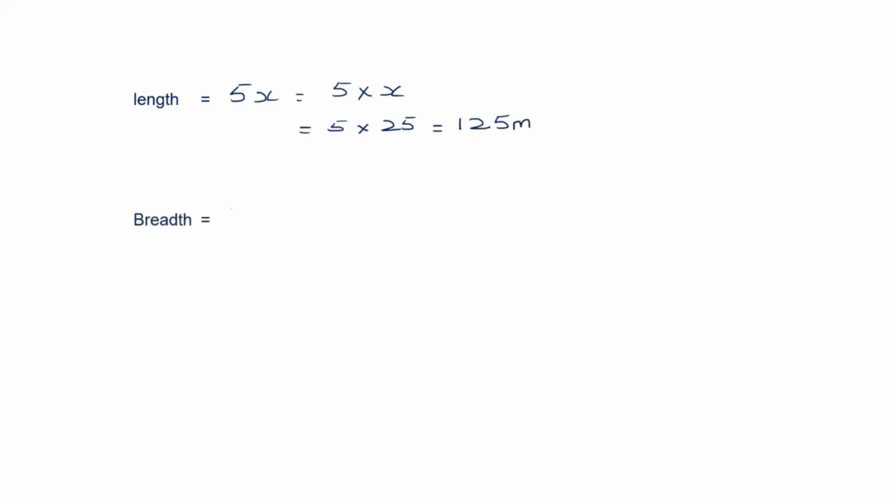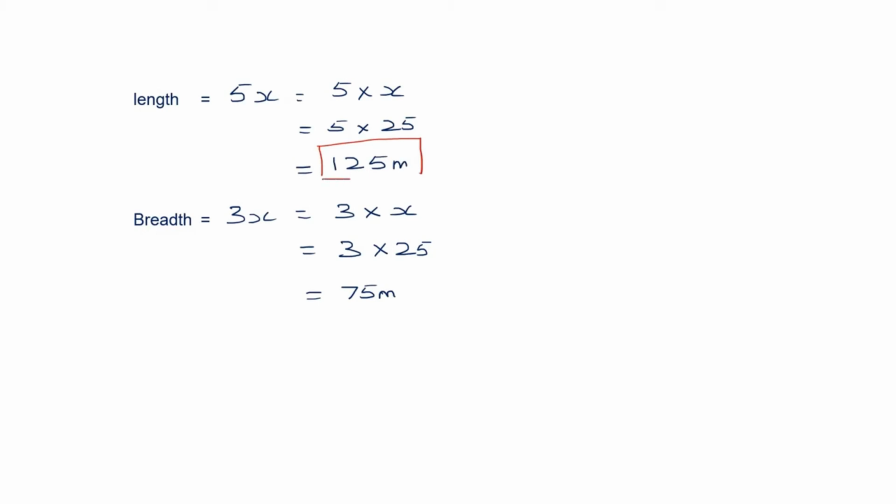Breadth is 3x, which is 3 into x, which is 3 into 25. 25 threes are 75. So this is 75 meters. So length is 125 meters, and breadth is 75 meters.